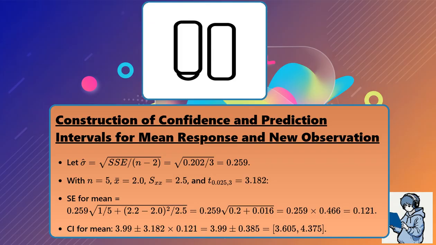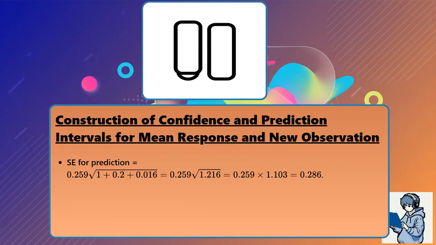Confidence interval for the mean: 3.99 plus or minus 3.182 times 0.121 equals 3.99 plus or minus 0.385, which is 3.605 to 4.375. Standard error for prediction equals 0.259 times the square root of 1 plus 0.2 plus 0.016, which equals 0.259 times the square root of 1.216, which equals 0.259 times 1.103, which equals 0.286.